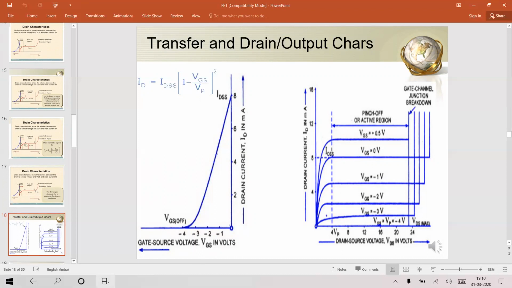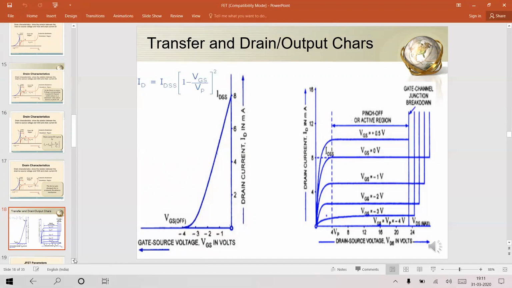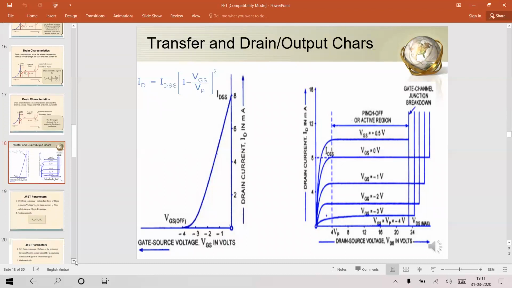If the device breaks down, that is also shown here. And for VGS equal to positive voltage, negative we have seen, 0 we have seen, for positive voltage, again the current increases, because in the device the barrier you are reducing, minimizing to the fullest, and the current you are observing is the highest, right?